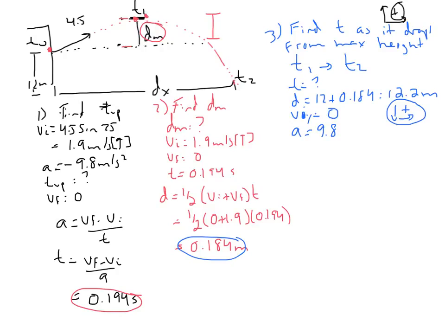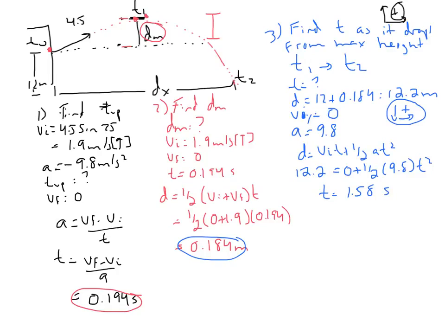So let's use the equation d equals Vi t plus 1/2 a t squared. 12.2 equals 0 plus 1/2 times 9.8 t squared. When you rearrange, collect like terms, solve for t, you end up getting 1.58 seconds.